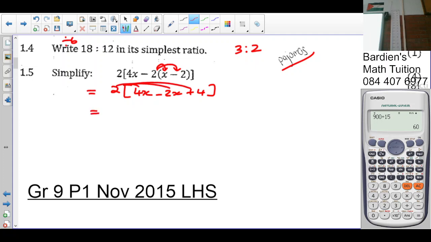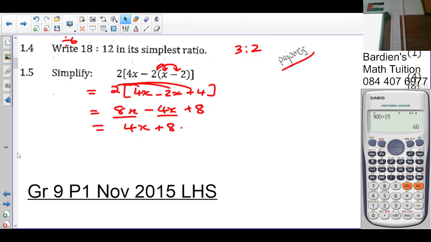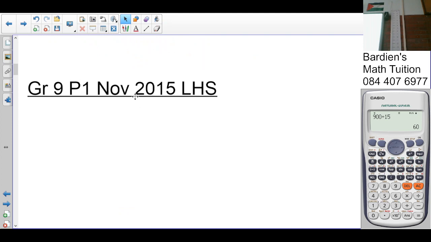Multiply, right? Let's go. 2 times 4x, 8x. 2 times negative 2x, negative 4x. Now we're going to add like this. So those of you who added first, no problem. You should get the same answer. So 8x minus 4x is 4x. Okay. You all okay with that? Right.